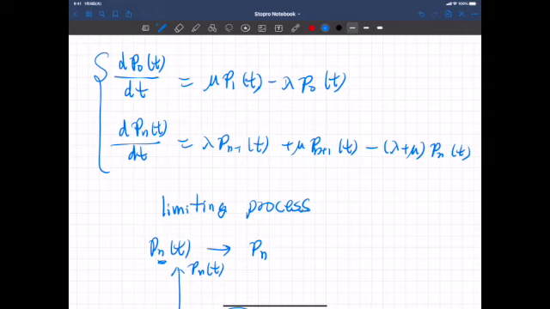And if mu is greater than lambda, then customers will leave the server at a faster rate than the rate of customer arrivals. So the queue will shrink, and it will eventually converge to zero, hopefully. And at some point, there will be some balance, and we'll see how it goes.